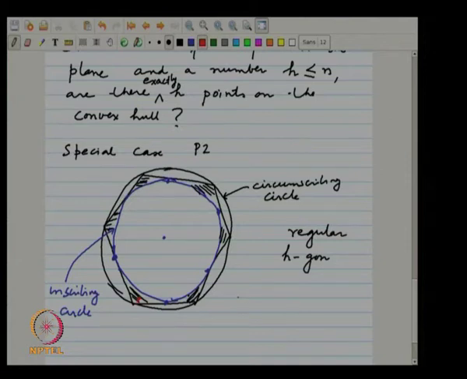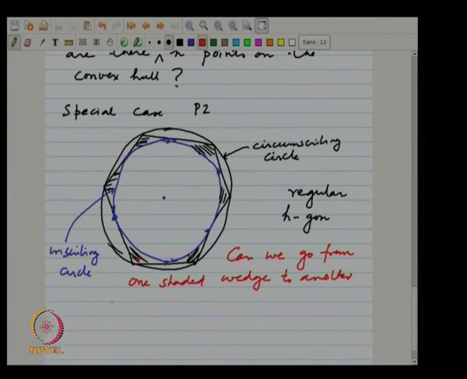Okay, so, can we go from one shaded wedge to another without traveling outside of the circumscribing circle and inside of the inscribing circle?